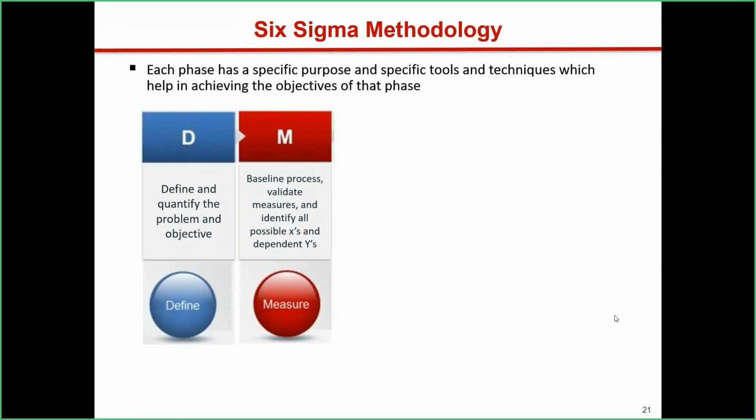And then all the dependent Y's, because Y equals function of X. The reason we say dependent is that any Y, one Y or two Y, one output or two outputs or three outputs that you get out of the process are all dependent on the inputs or X's that you have identified. That is the reason we say identify all possible X's and dependent Y's.